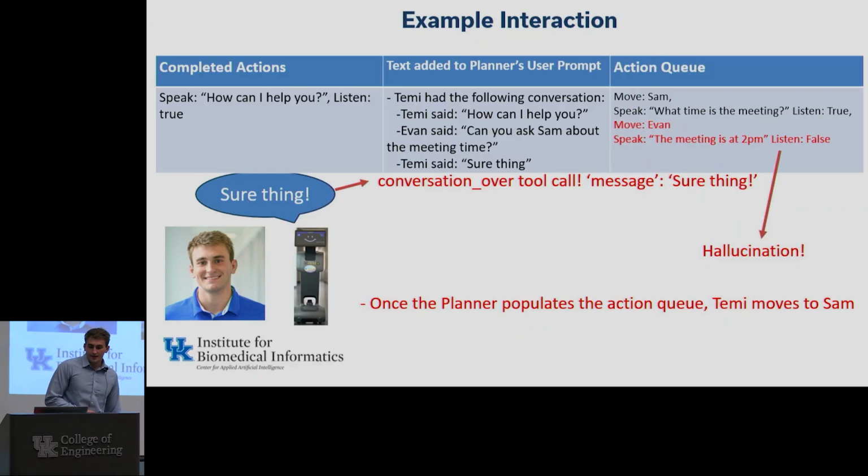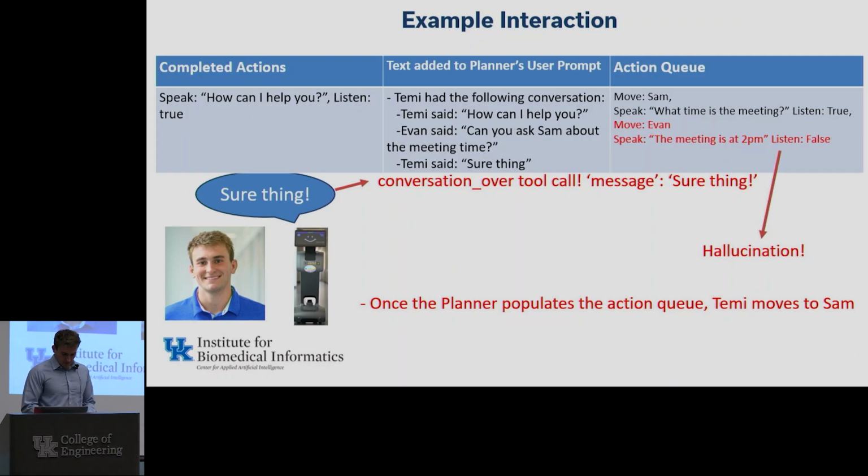The issue with that, and this comes up a lot, is the planner is greedy. It wants to solve the problem immediately, so it pretty much tries to generate a full action plan every time. But we know that you can't plan past the time where we ask Sam what time the meeting is, because we don't have any of the information we would need.